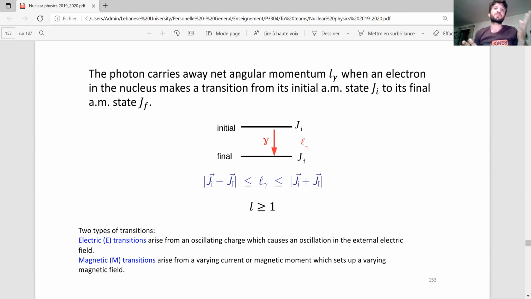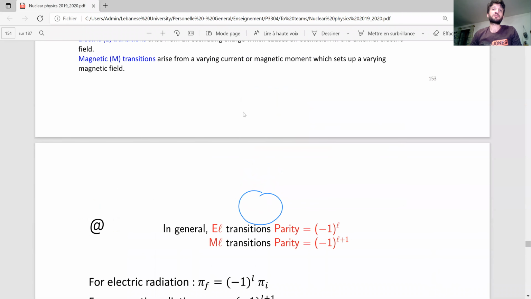It will be between the absolute value of Ji minus J final and the absolute value of Ji plus J final. And we can calculate L, and L must have the minimum value of 1. Okay, L must be equal to or greater than 1. So this is about the value of L.